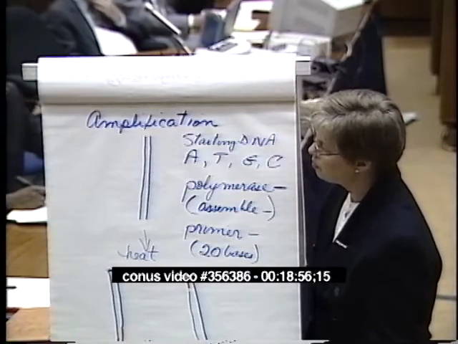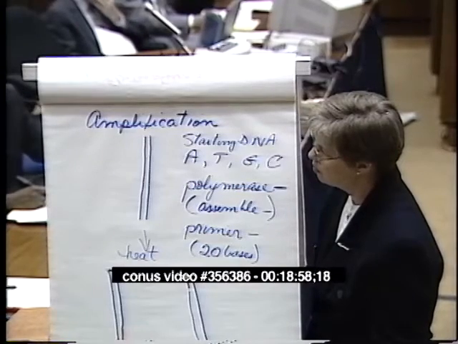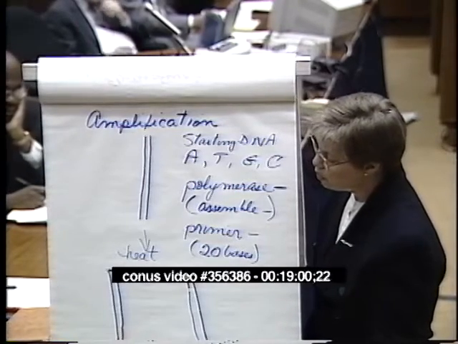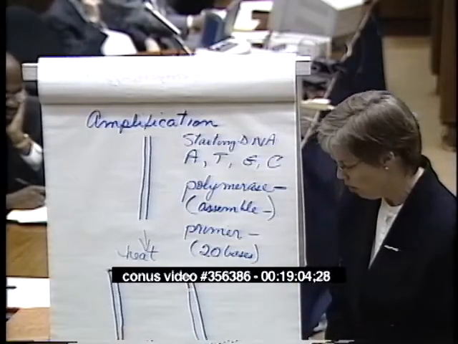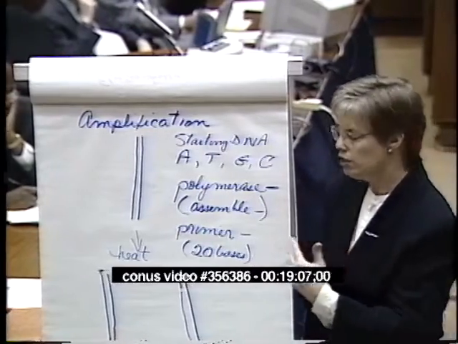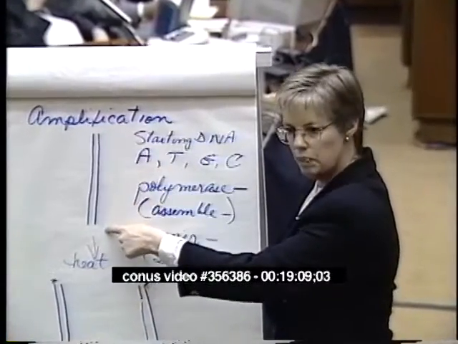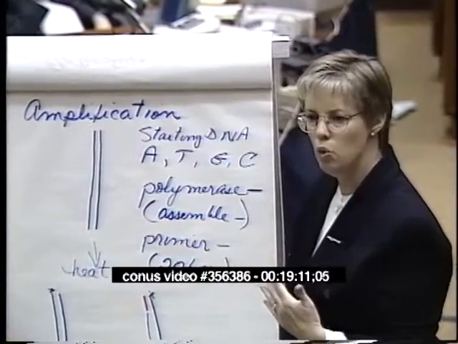How do you know where the primer actually attaches to this segment of DNA? You have designed your system, that is, you have to know up front the sequence of bases of the piece of DNA that you want to copy.